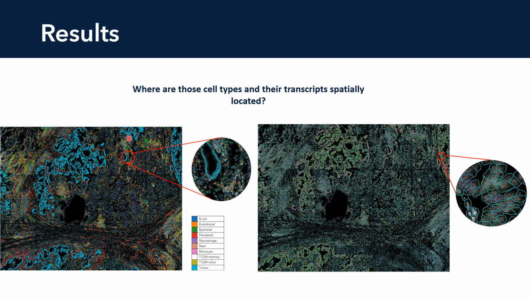Then, where are those cell types and transcripts spatially located? In this slide of tissue, we can see in different colors the different cell types. For example, in blue, we can see the tumor cells, which cluster together. And in this other slide, we can see the different genes expressed in the cells. Each of the dots is a transcript expressed in one cell.